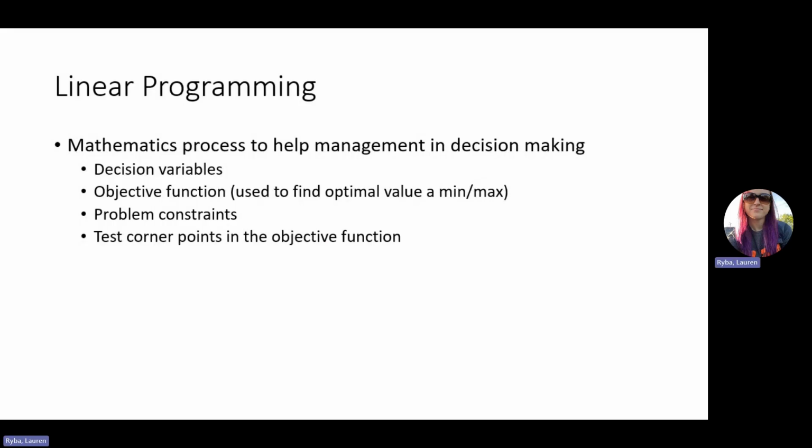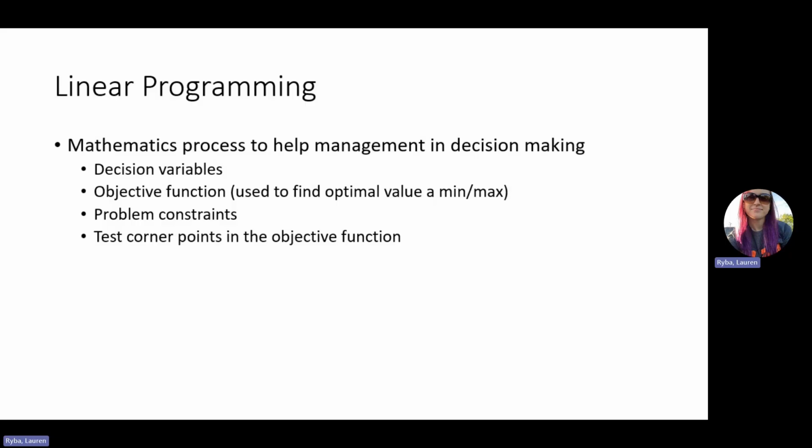All right, so we are moving on to the next step of this, which is called linear programming. Basically, it's a process to help management in decision making. So we will have decision variables, we will have our objective function, that's going to be a maximum or a minimum sentence.